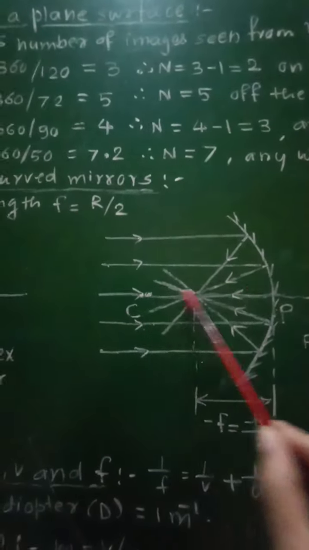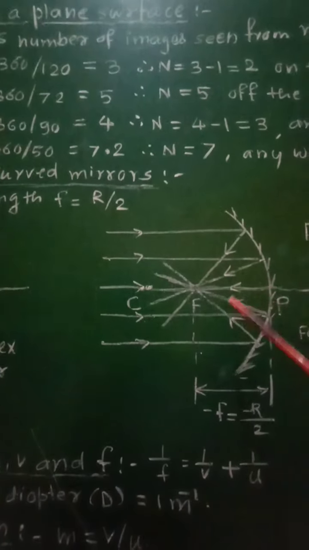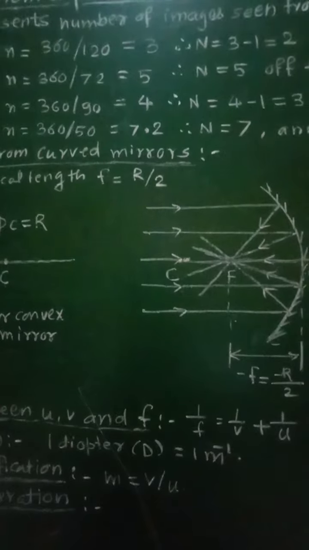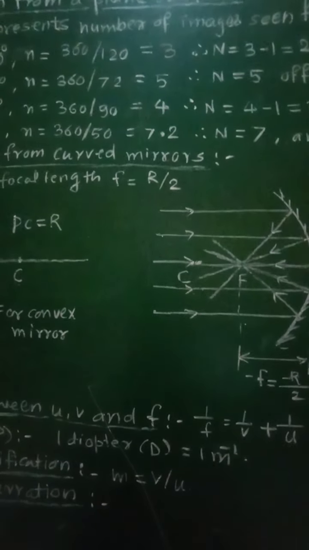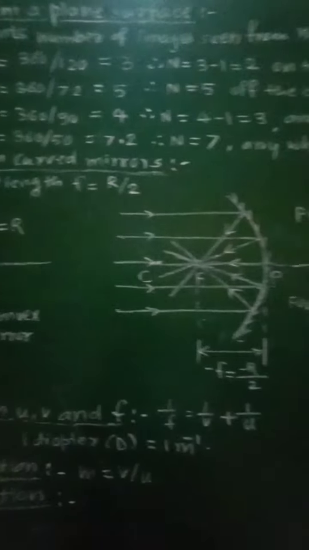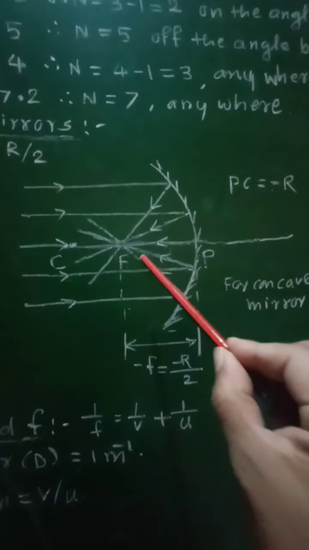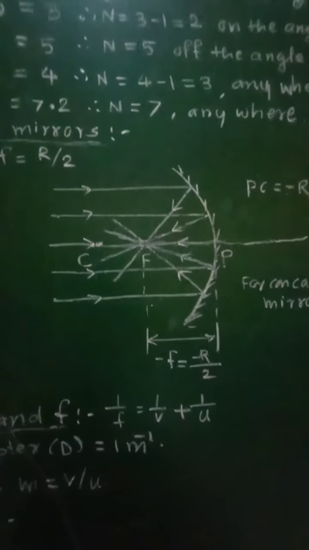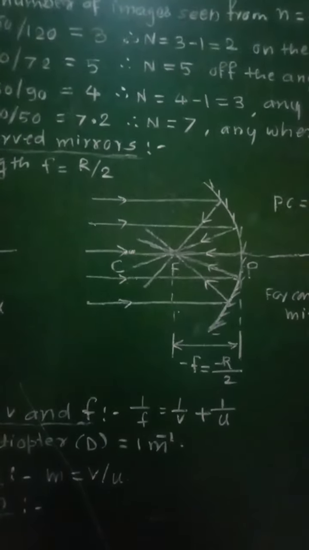If you consider a mirror like this, this is the principal axis, and if these rays of light are far away from the principal axis, at that time the focus gradually shifts towards the pole.